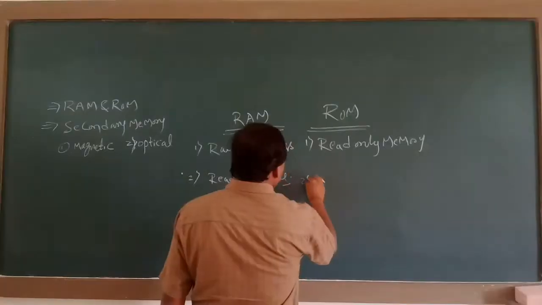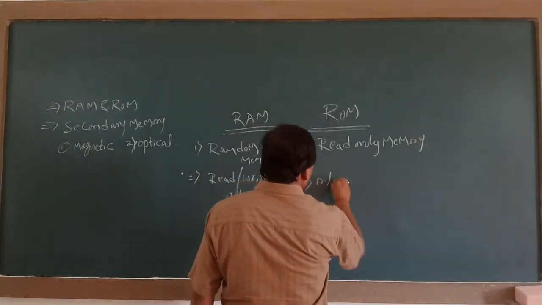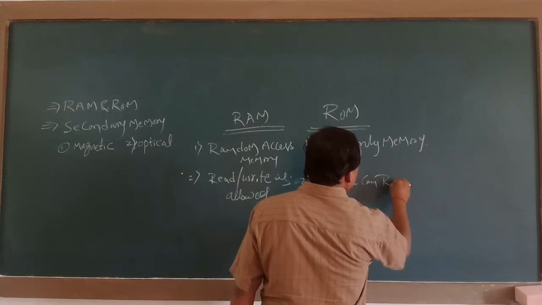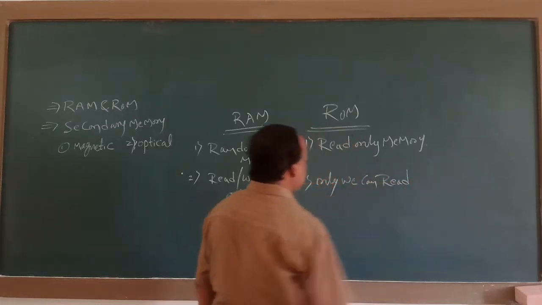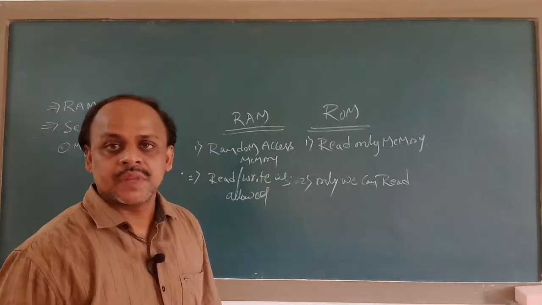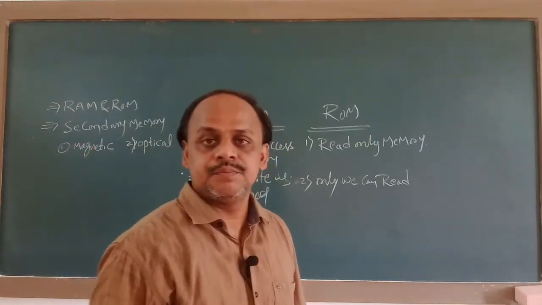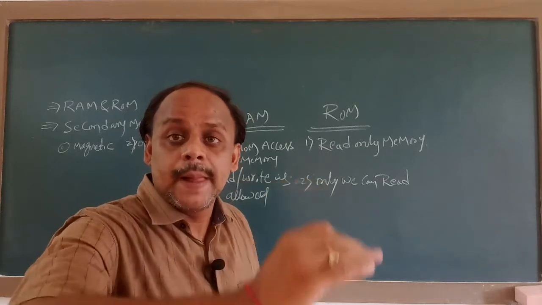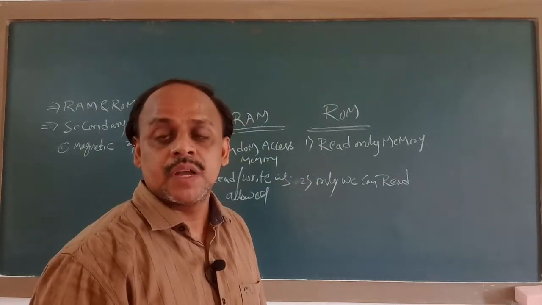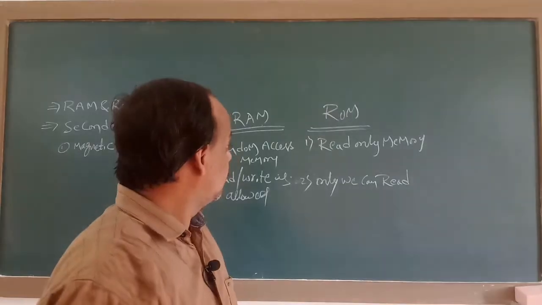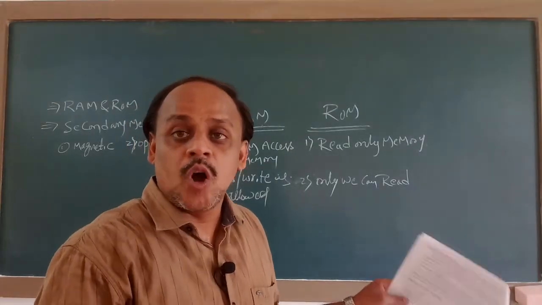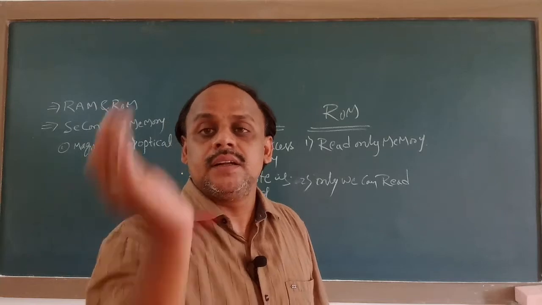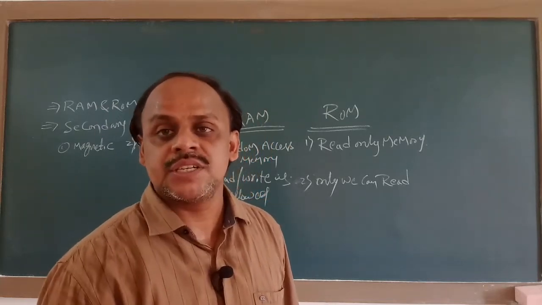Whereas in ROM we can only read. Suppose we want to write anything in ROM, it is not possible. It is a pre-built memory, or else we can say ROM memory is programmed by the manufacturer.